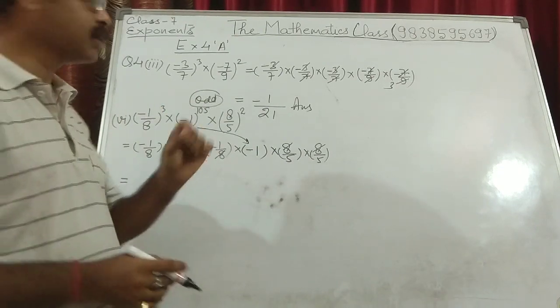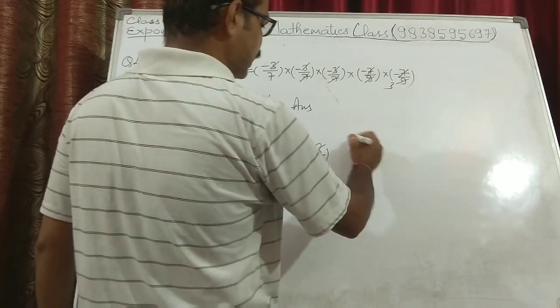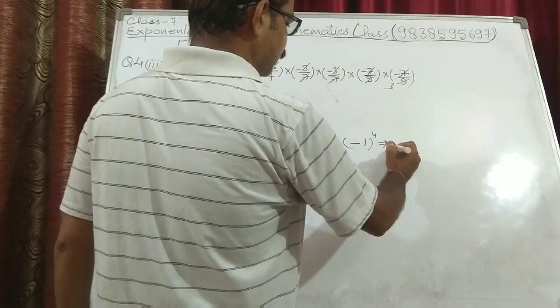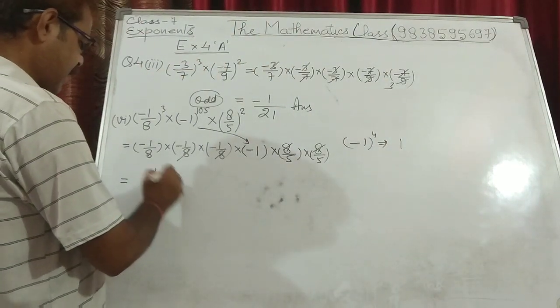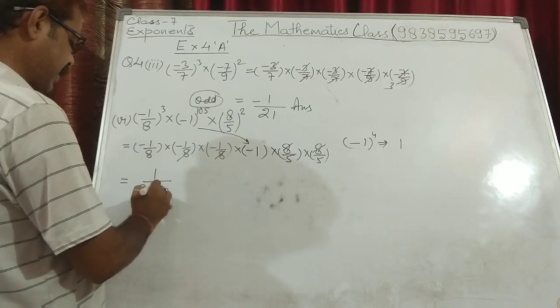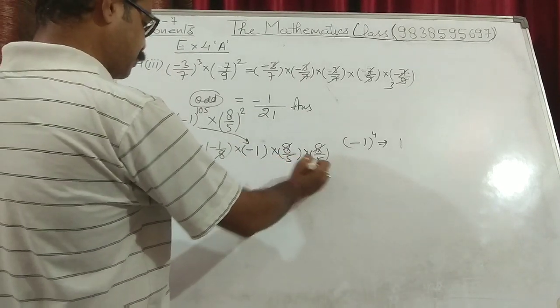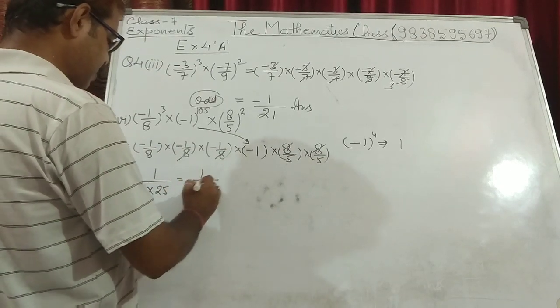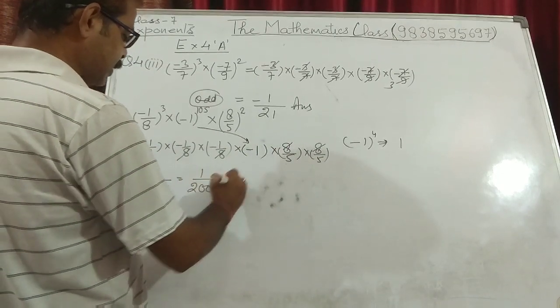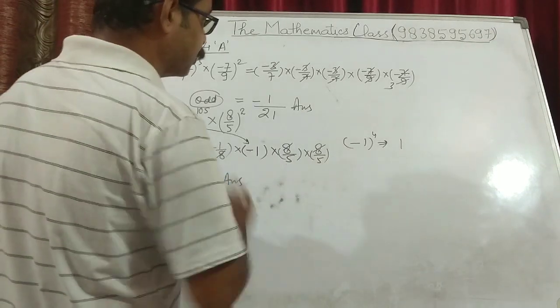So it becomes minus 1 to the power 4. Since 4 is even, it will be plus 1. So in the numerator only 1 will come, and the denominator will be 8 into 5 into 5, that is 200. So 1 upon 200 is the final value.